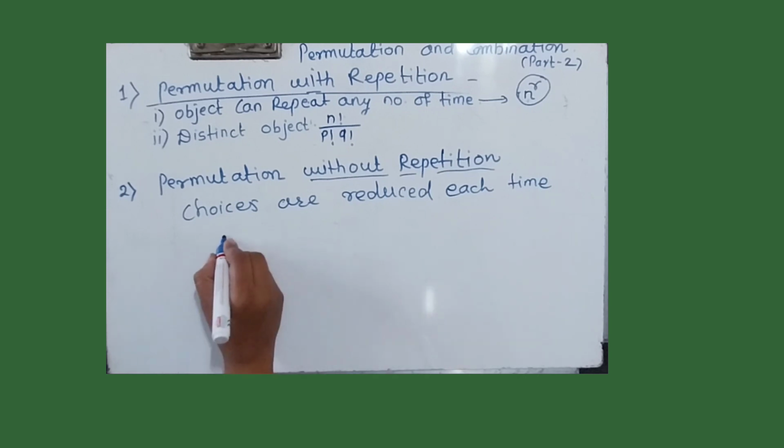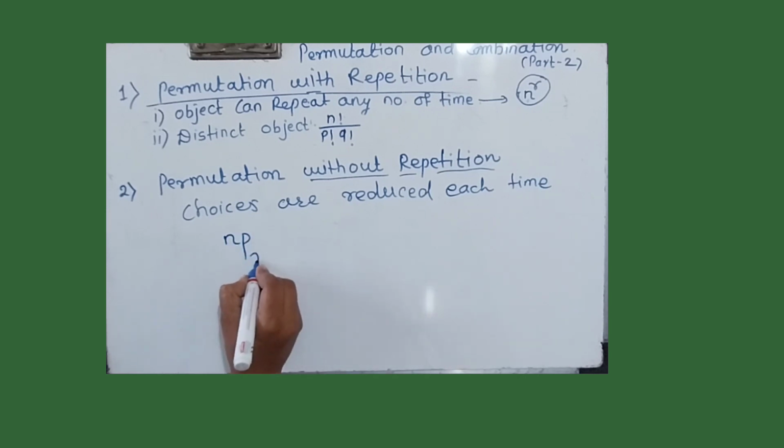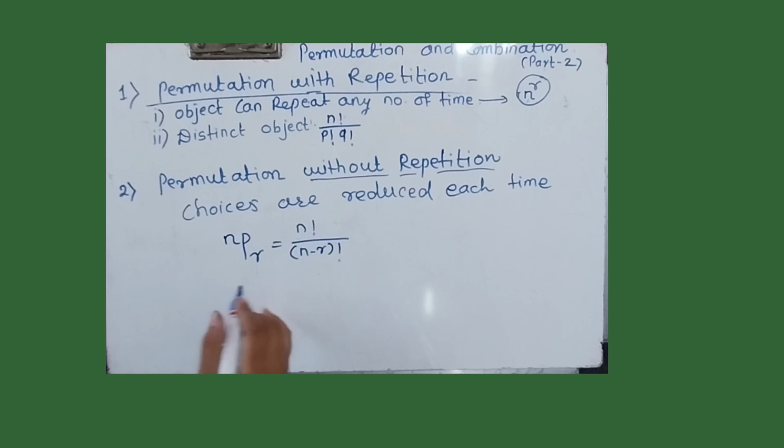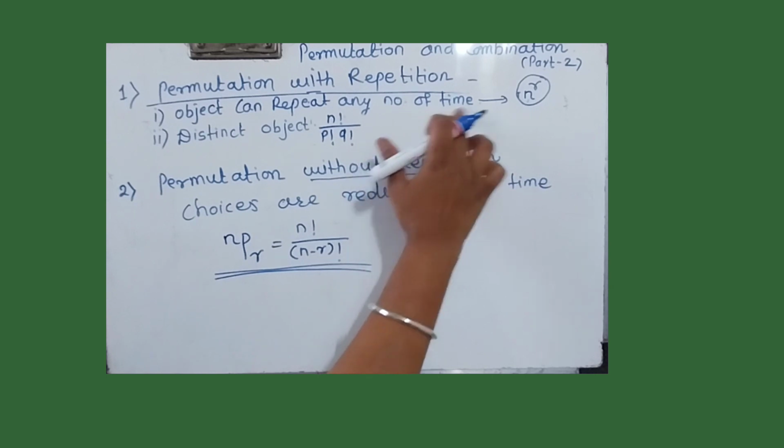So we have a formula nPr equal to n factorial upon (n minus r) factorial. In the last session we already studied this formula. So this formula is for what? Without repetition. This formula is for what?